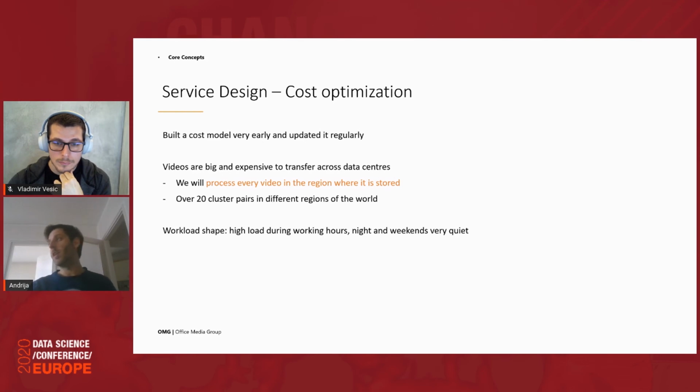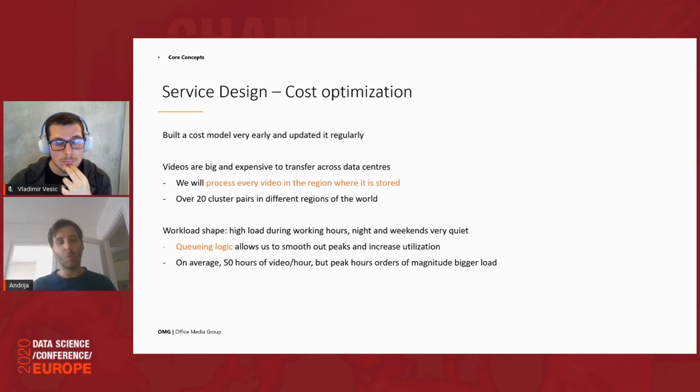Then we know that if there's a sudden peak, with a huge amount of requests, the fact that we are an offline processing system allows us to tell some requests they will wait a little longer, and pass some of that load to quieter hours, improving our utilization of the service and reducing our costs.